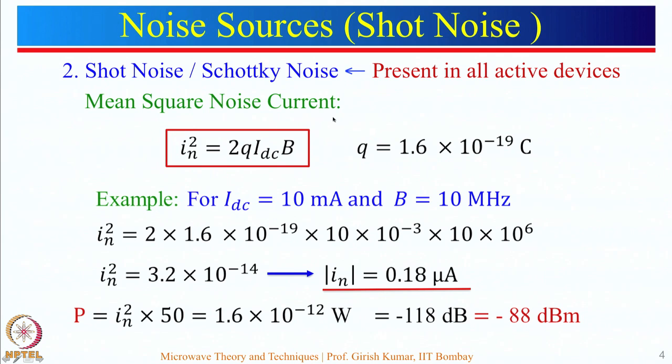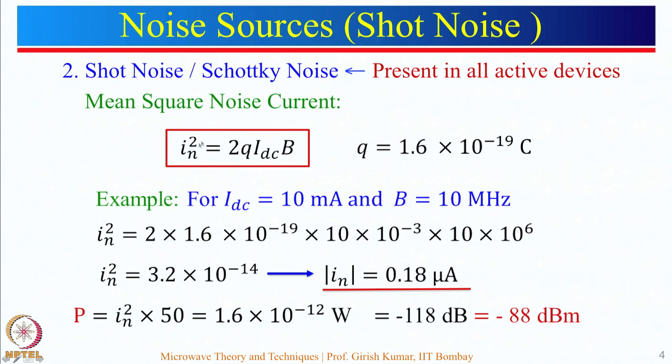Then the mean square noise current is given by this particular expression, where Q is the charge, which is 1.6 into 10 to the power minus 19 coulomb, and B is the bandwidth over which a receiver is going to operate, or you can say you have to design the amplifier to operate over that particular bandwidth.